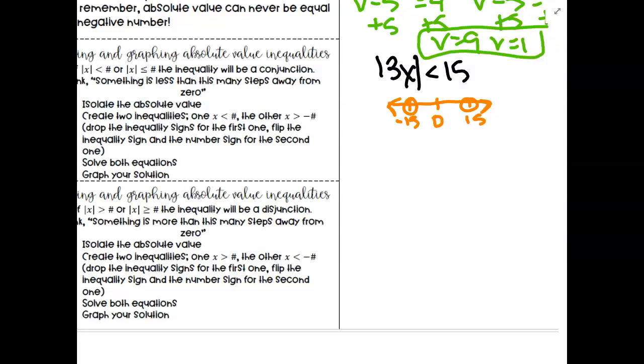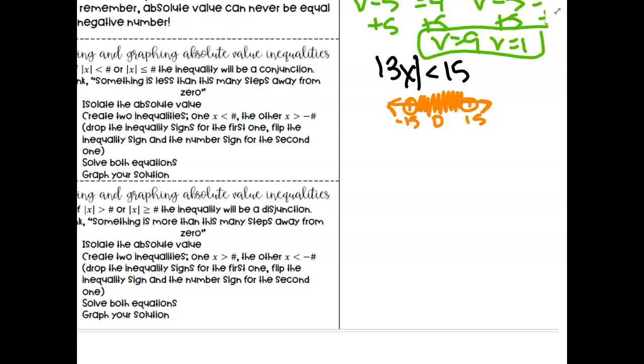You can take one step to the right, one step to the left. Where else could you get to? 2 to the right, 2 to the left. 3 to the right, 3 to the left, right? 4, 5, 6, 7, 8, 9, all the way up to 14, but not quite to 15, right? It would be all of these numbers.